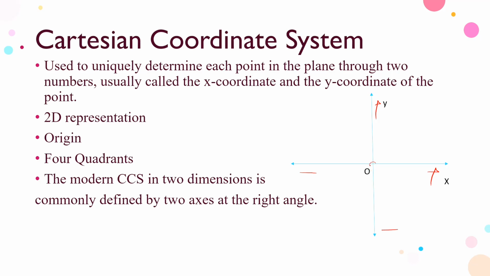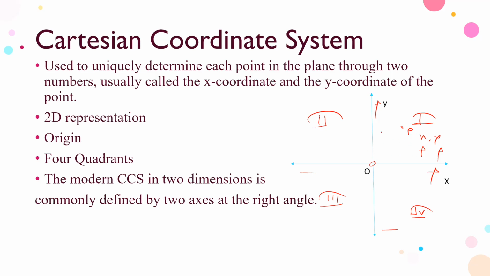This is the origin point, and there are 4 quadrants. This is quadrant number 1, this is 2, this is 3, and this is 4. Okay, if a point or location P is present in the first quadrant, then the point's location value is x and y, and both values are positive.